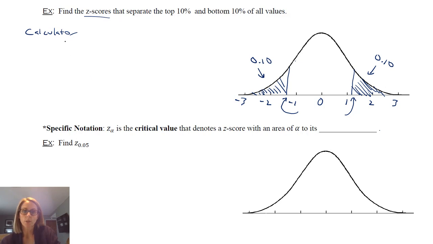So I'm going to use inverse norm because I'm given area and I need to find values. Now in the calculator, you can do this a couple different ways, but the easiest way would be to think about if this whole thing is 1, and you have 10% on one side and 10% on the other side, how much is left in the middle? So if you do 1 minus 0.1 and 0.1, you get 0.8.